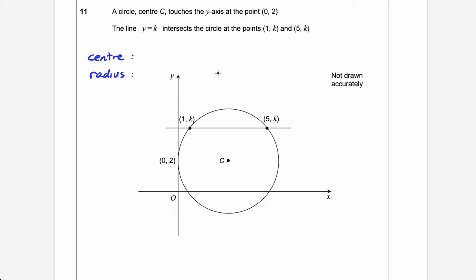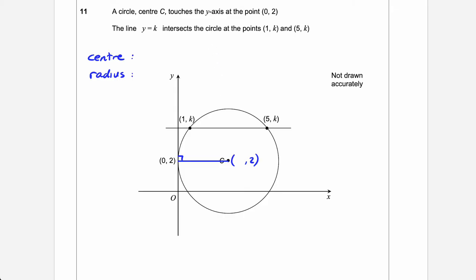So, okay, this is (0, 2), guys. It says it just touches the y-axis there. So that means that's the tangent, which means this line here is 90 degrees, which means that if this is (0, 2), the y-coordinate of the center is definitely 2.